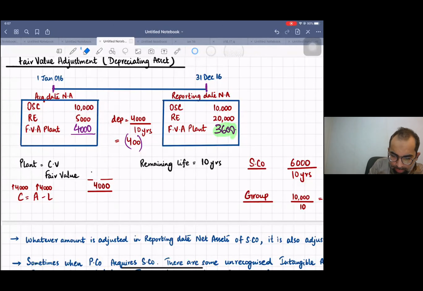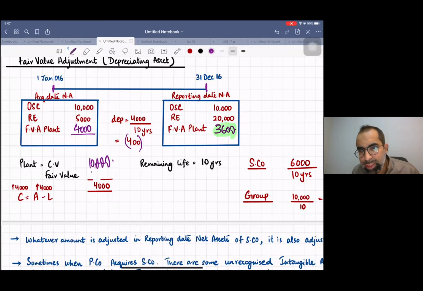For example, the carrying value is 10,000 and the fair value is 6,000. So from 10 to 6, there is a downward journey, 4,000 downward revaluation.